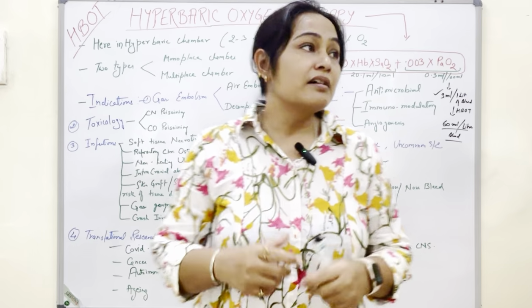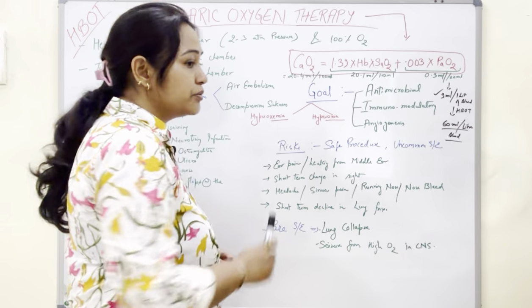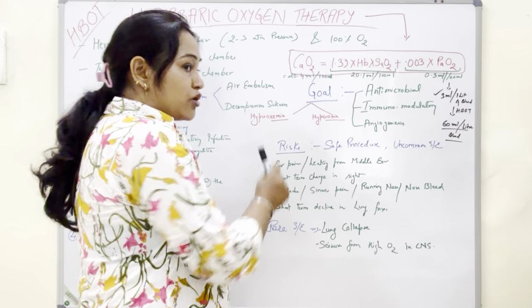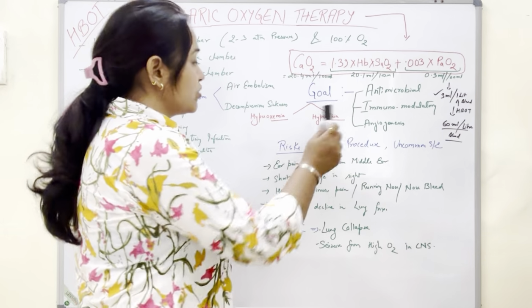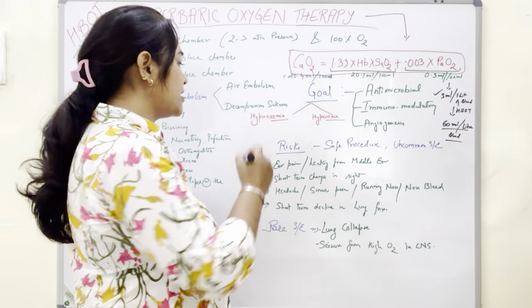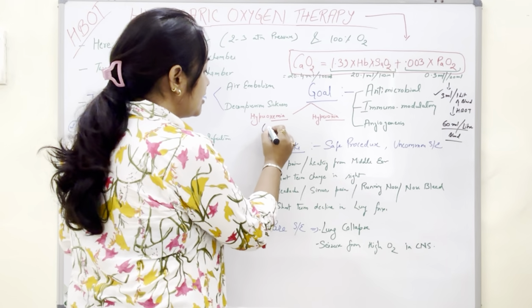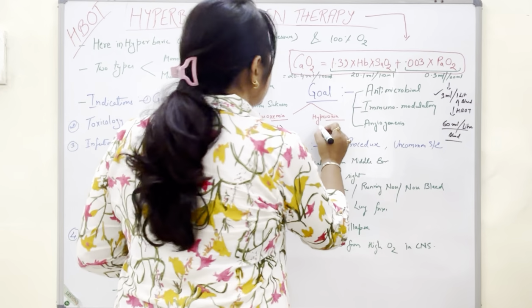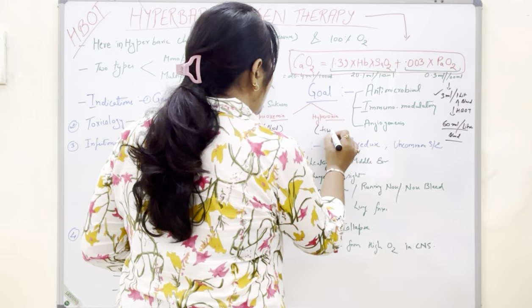So our basic goal in providing hyperbaric oxygen is to cause hyperoxemia and hyperoxia. What is hyperoxemia? Hyperoxemia means increased oxygen content in blood, while hyperoxia means increased oxygen content at the level of tissue.